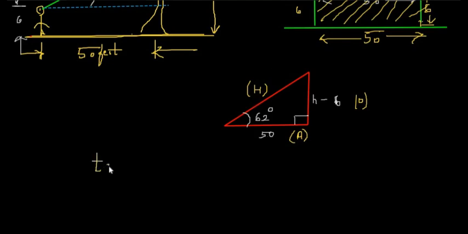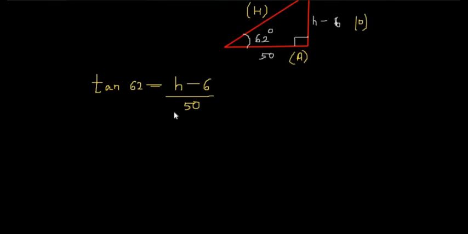So tan of 62 degrees is equal to opposite, which is h minus 6, over adjacent, which is 50. So we will multiply 50 and tan 62. So 50 times tan 62 degrees is equal to h minus 6.